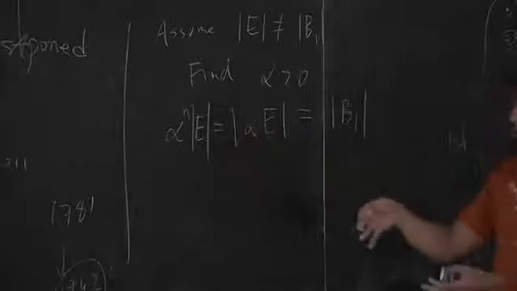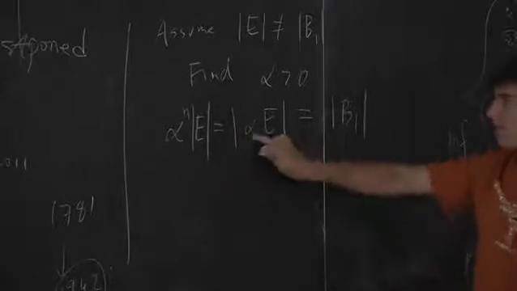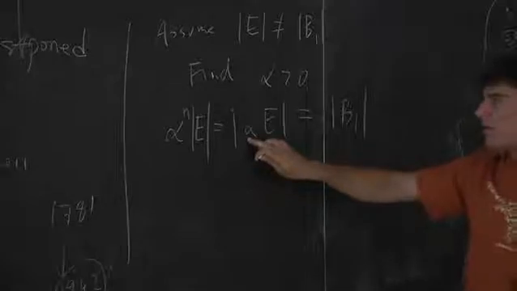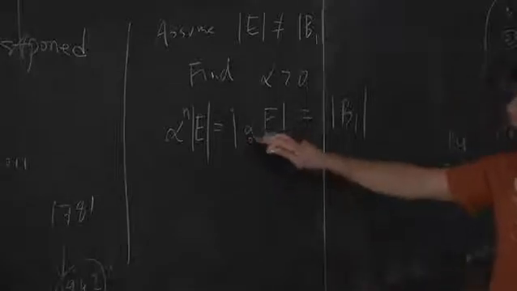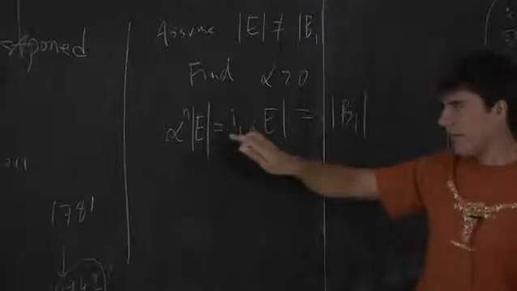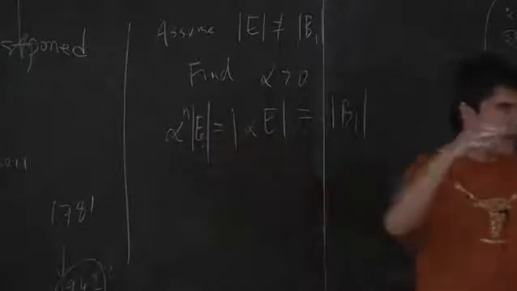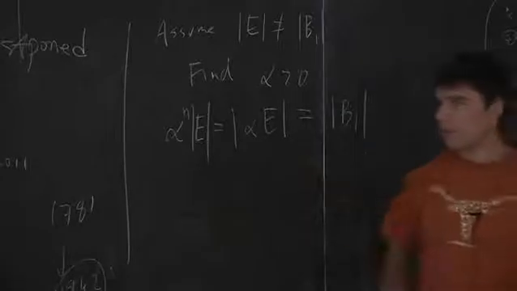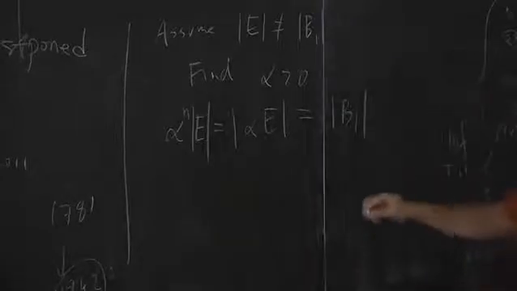You can prove that if you dilate a set by some positive number alpha, and you compute the measure of alpha times that set, then it's equal to that constant to the power of the dimension times the original measure.